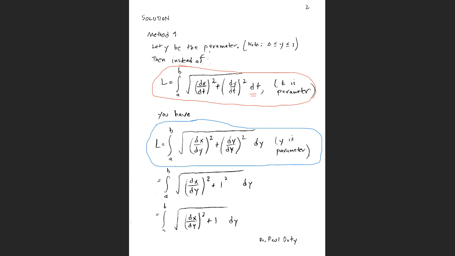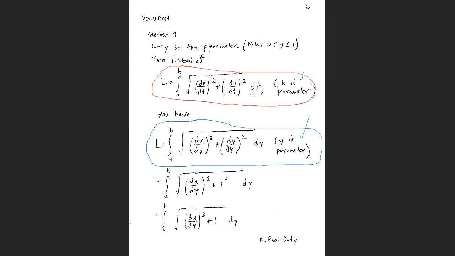So the first one is when the parameter is t, and the other one is when the parameter is y. But what about the third and fourth lines? The first one is when the parameter is t. The second formula is when the parameter is y, and you can even have a formula when the parameter is x.